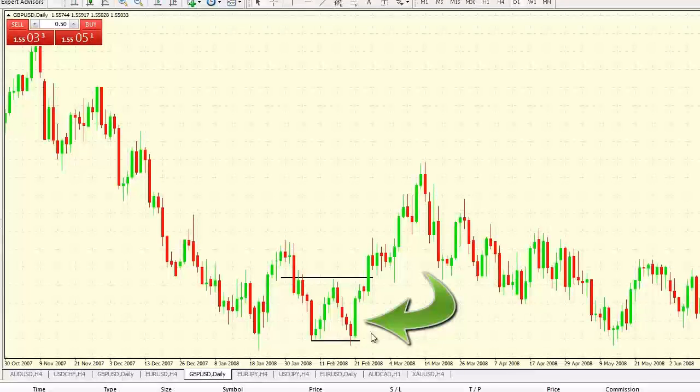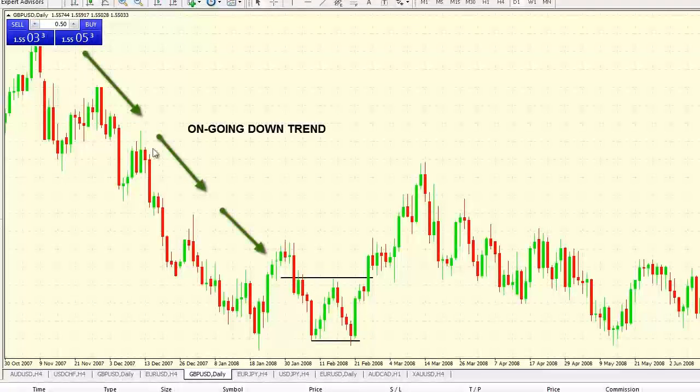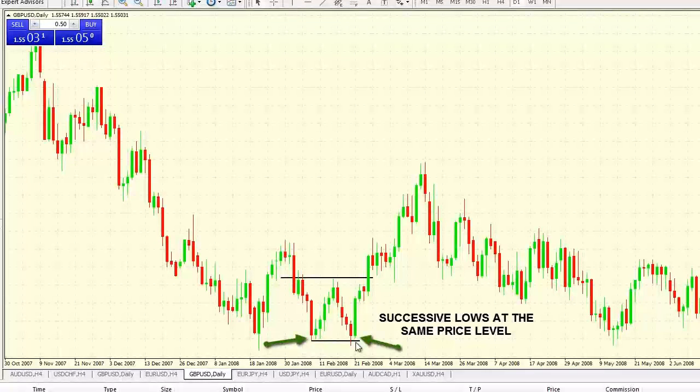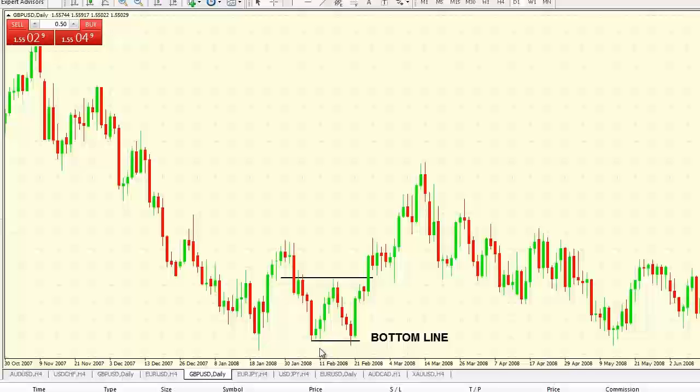We identify the double bottom pattern at this point on the chart. As you would notice, this pattern emerged in continuation to an ongoing downtrend, marking its potential end and a trend reversal from selling towards buying. These points here are the two bottoms of the pattern, formed by two successive lows at or around the same price level, and joining them gives us the bottom line.